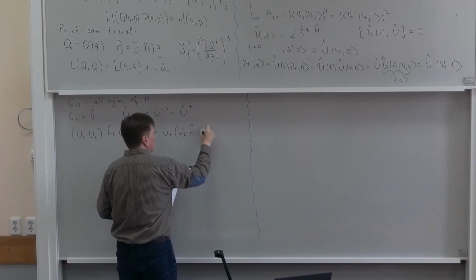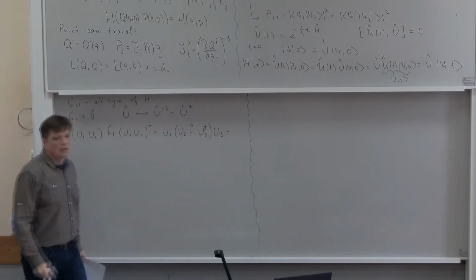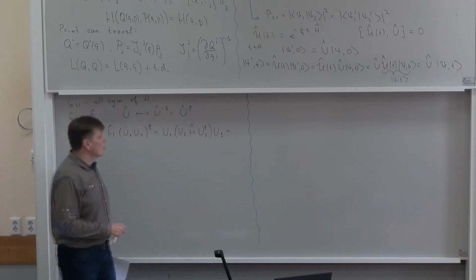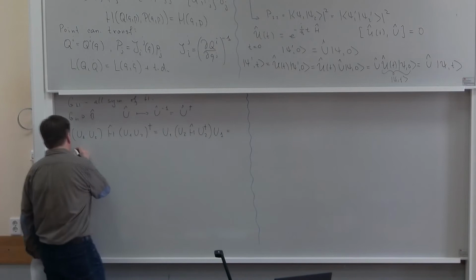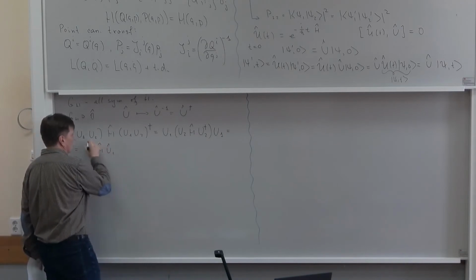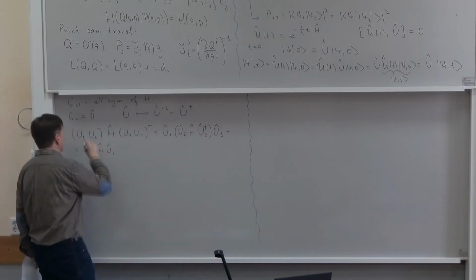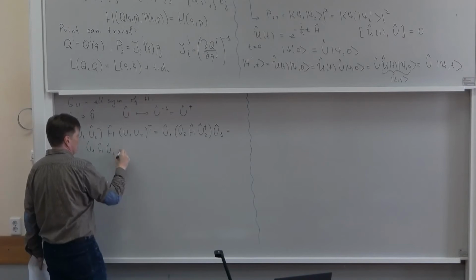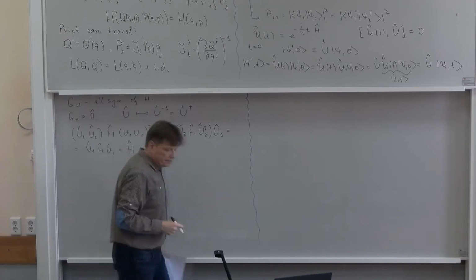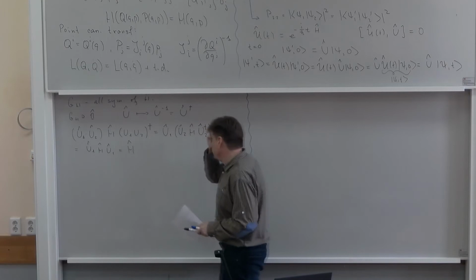U2 dagger, U1, and since U2 is a symmetry by assumption, we can continue as U1, H, U1 dagger, and again, U1 is also a symmetry, so we get our Hamiltonian.